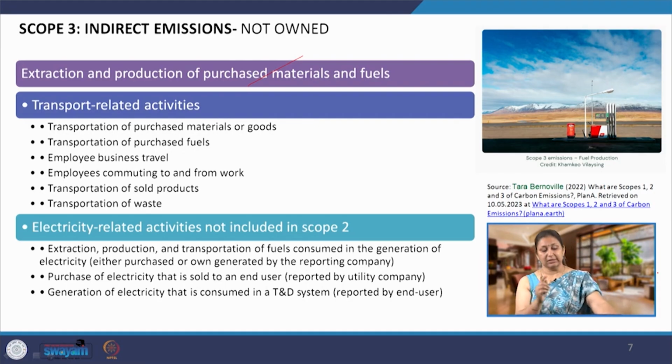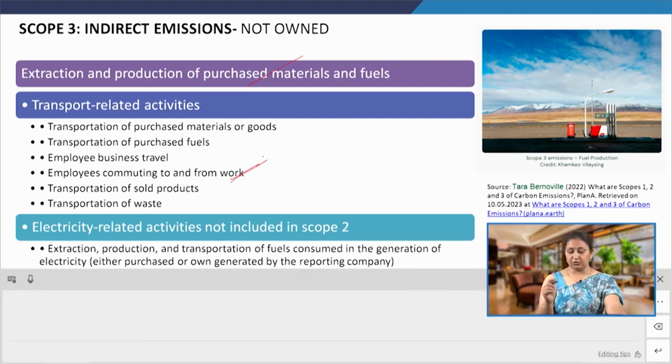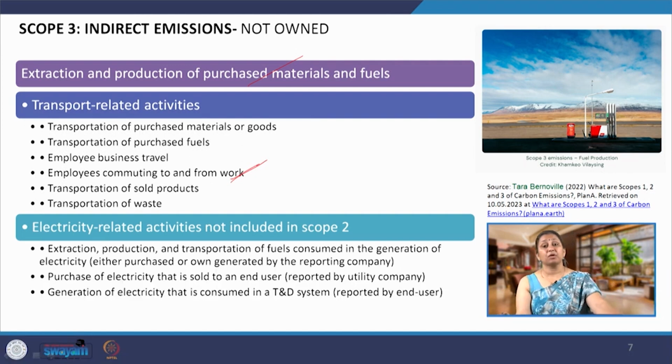For example, for this particular point, if you remember, we did discuss what if I do not own and I rent a facility. I may be subletting the work to a third party, who will be responsible for providing the transportation services for my employees, bringing them from home to work and back.